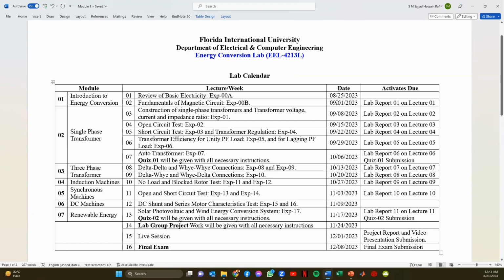So before 9 you'll have to upload your assignments, that means lab report. Whenever you see assignment, that means a lab report. I will keep you updated on those assignments as well, which are lab reports.